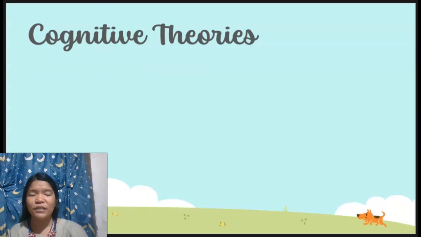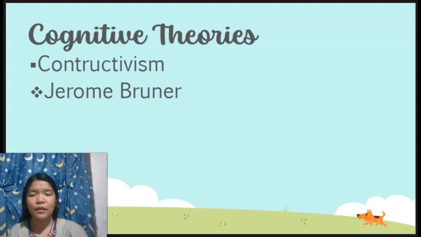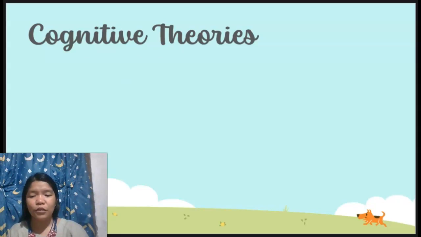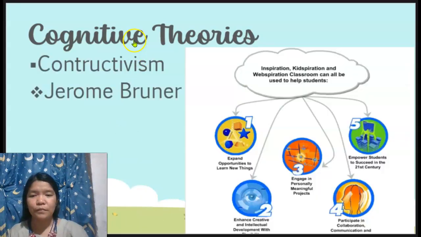Next, we have Constructivism by Jerome Bruner. Constructivism talks about the connection of learners' previous knowledge plus their present knowledge and what they can construct out of the combination of the two.